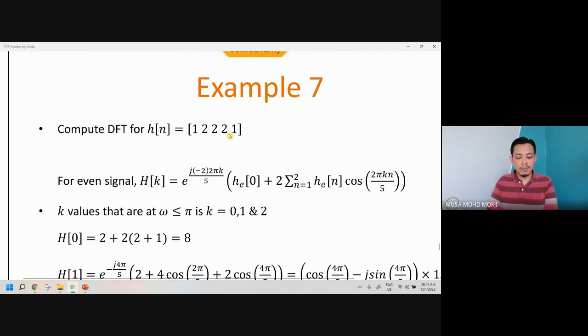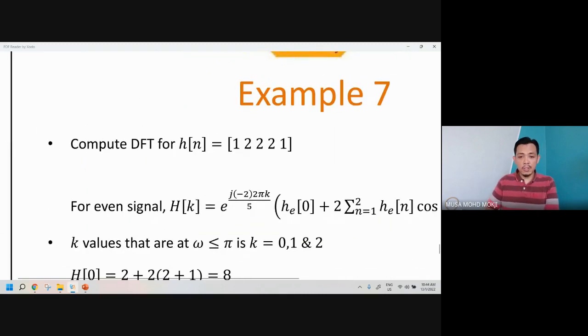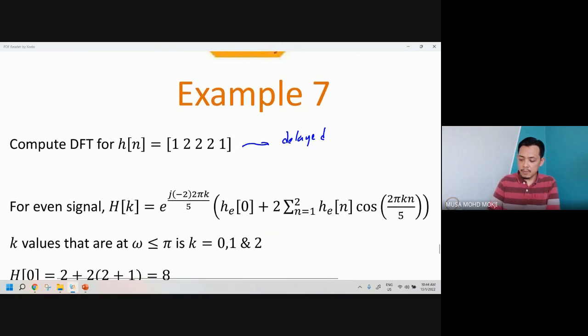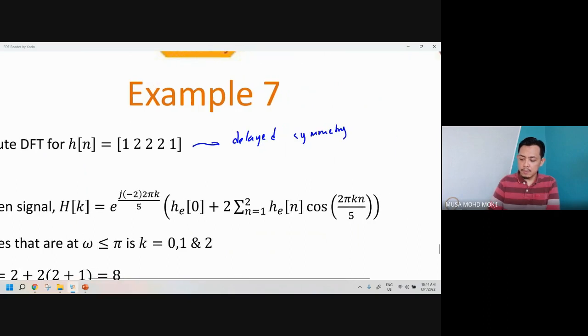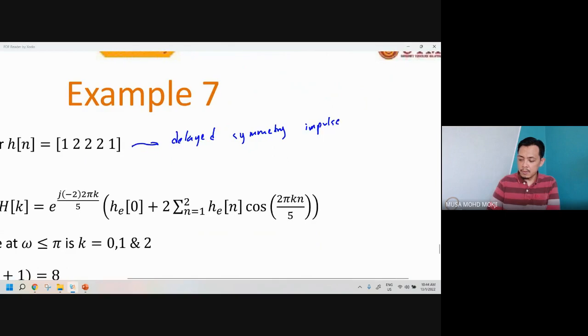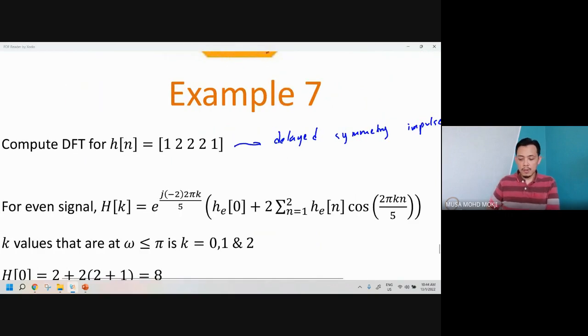To be more accurate, this is a delayed symmetry. So how much is the delay?